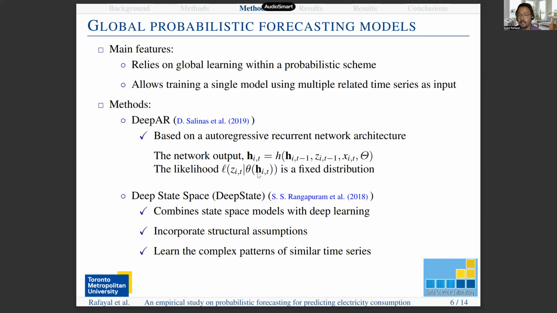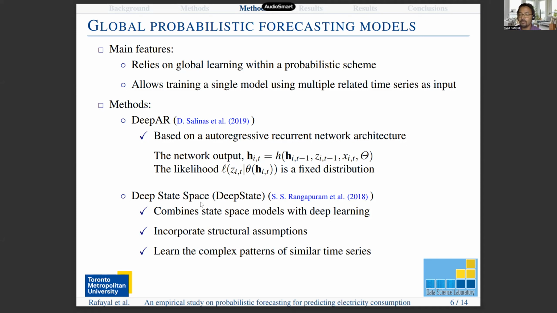The DeepState method for probabilistic forecasting was designed to address the limitations of two generic forecasting methods, state space models and deep neural networks.